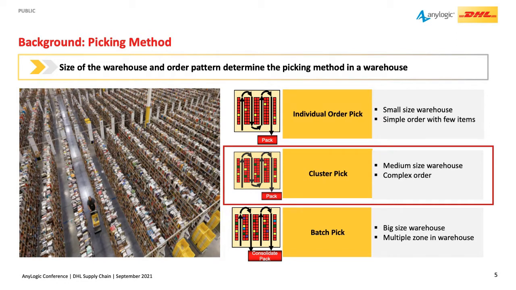Which method to employ in a warehouse depends on the size of the warehouse and order pattern. Here my study is about the cluster pick method. This method is used in a medium size warehouse and with a little complex order.